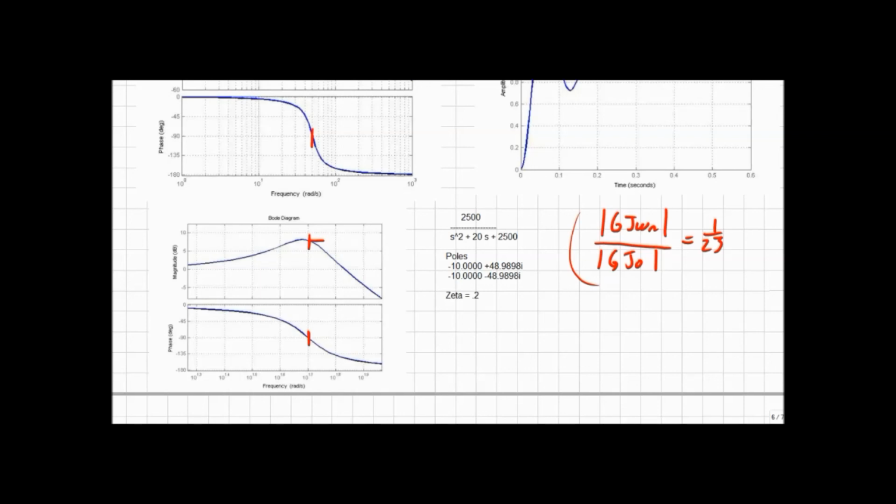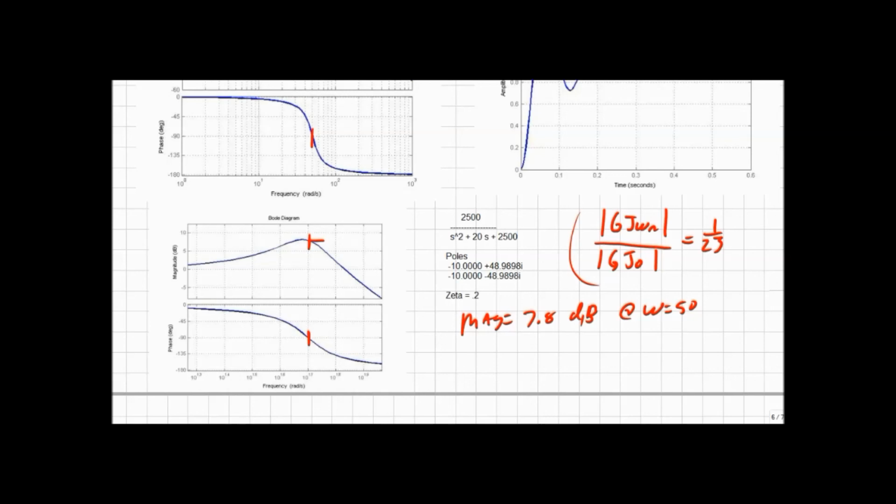So my magnitude here is 7.8 dB at omega equals 50, where I believe omega n is. Now that's the magnitude in dB.